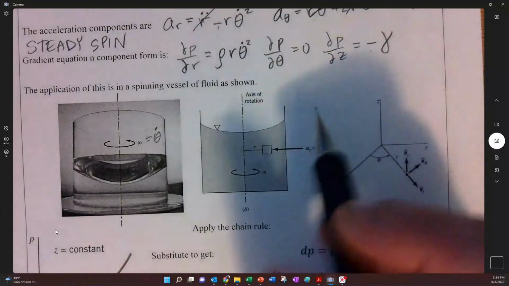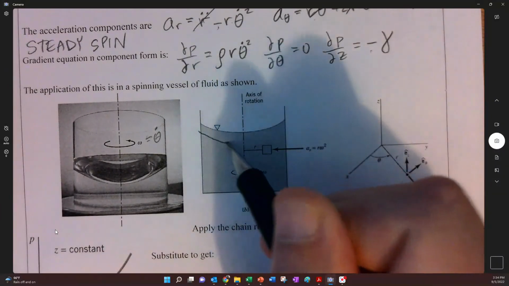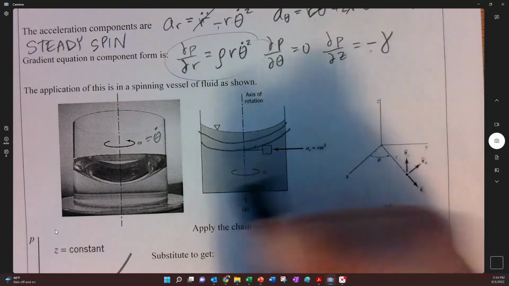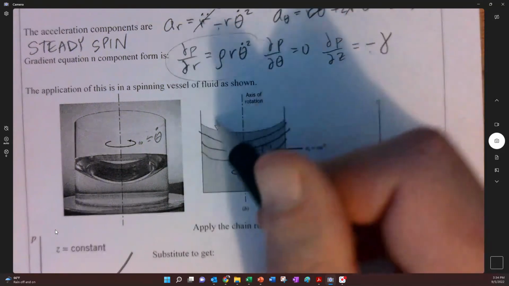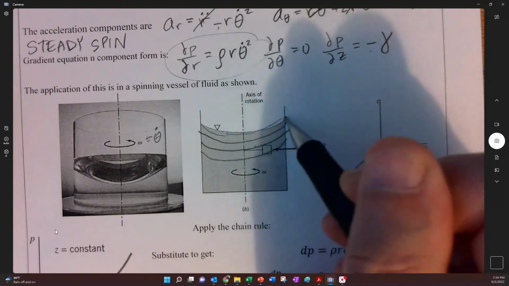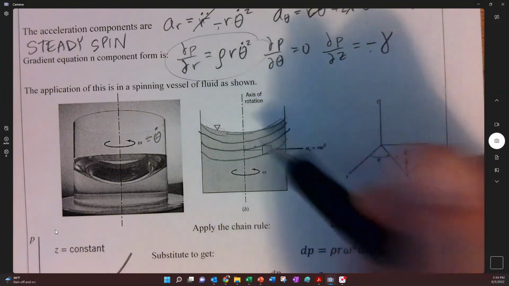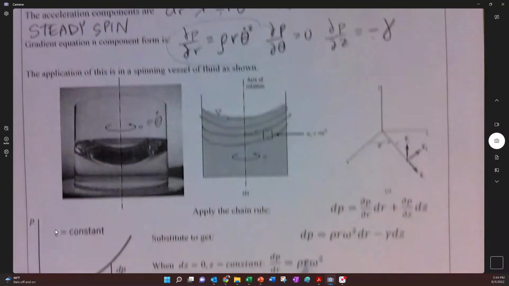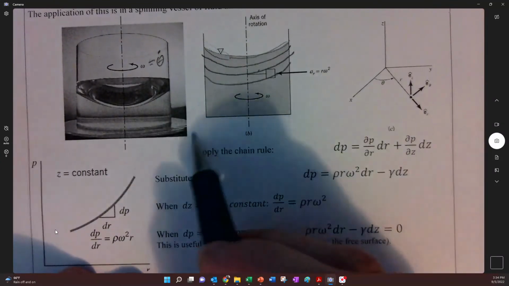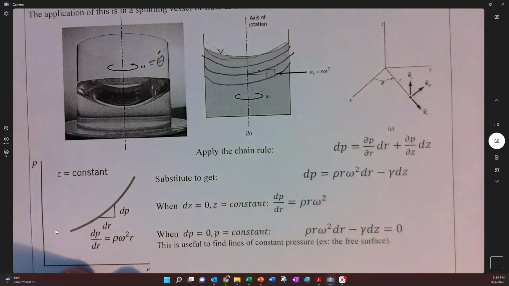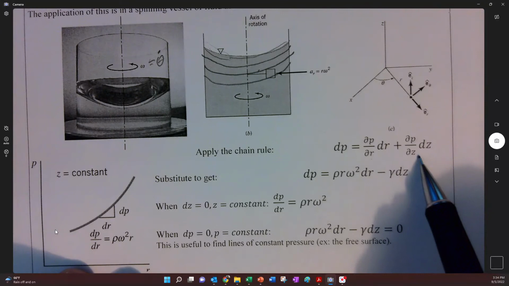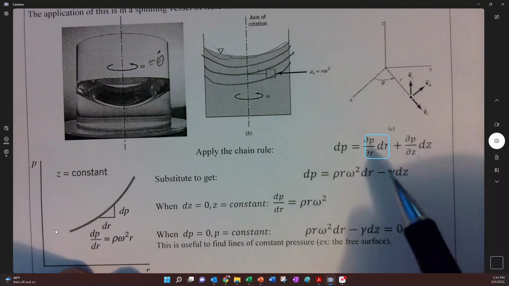So when we go to integrate this, we get uniform lines of pressure. More importantly to us, we have a free surface that makes a parabola, interestingly enough. If we want to get into the mathy stuff, we can apply the chain rule once again. We're only going to deal with the r and the z, because remember the theta went away.